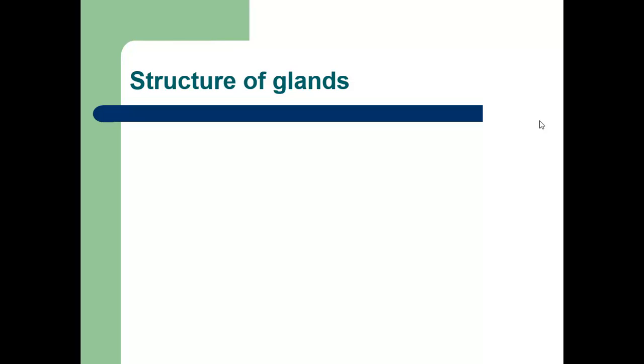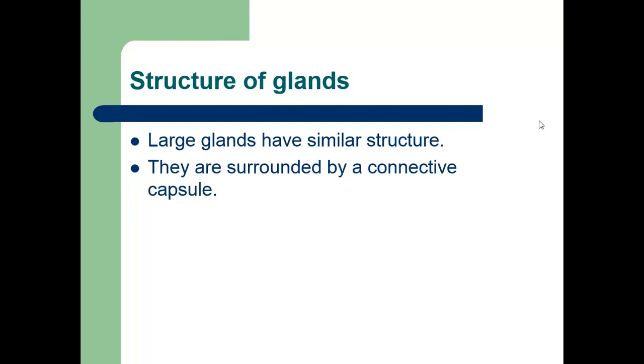Okay, the last topic we will talk about is the structure of exocrine glands in general. So usually exocrine glands have similar structure, so if we know this it will help us to understand the structure of all exocrine glands. All these glands are surrounded by a connective tissue capsule.